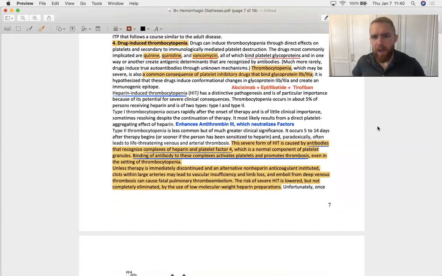Drug-induced thrombocytopenia. Again, this is bringing up platelet inhibitory drugs that bind GpIIb/IIIa, which you remember is the glycoprotein that anchors platelets to platelets, because we said anytime you see glycoprotein this or that in relation to platelets, it means one platelet is sticking to something else. It's always an adhesion molecule. So GP1b, that's the first glycoprotein that you use, and so that's going to stick a platelet to an injured vessel wall.